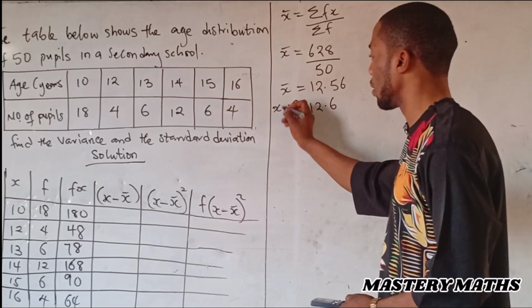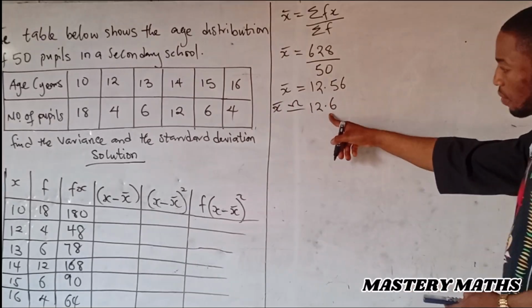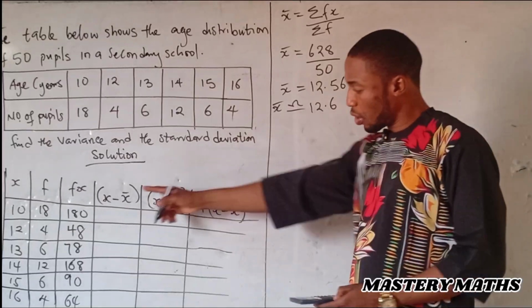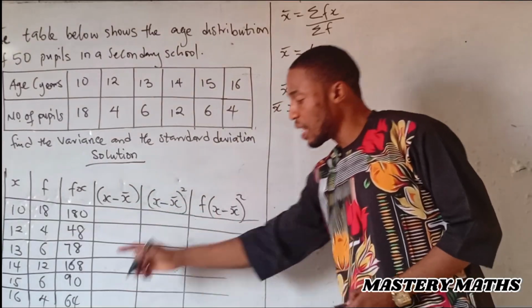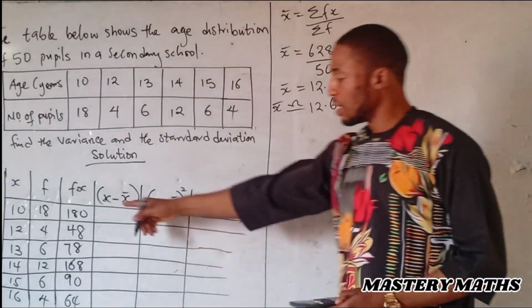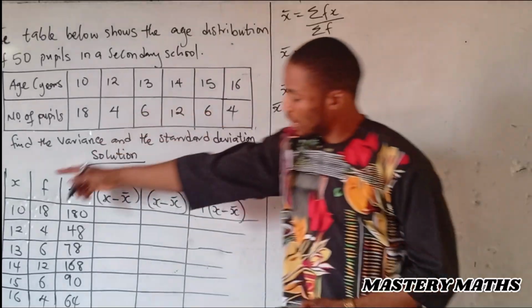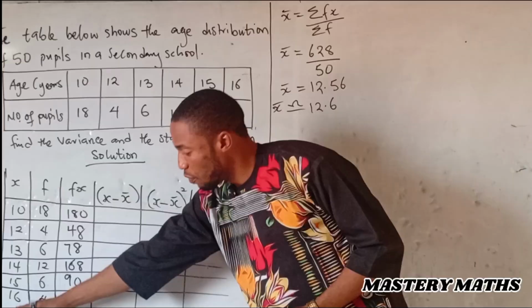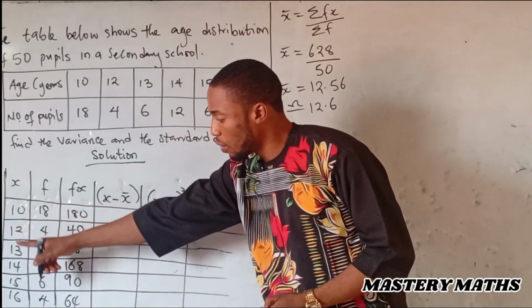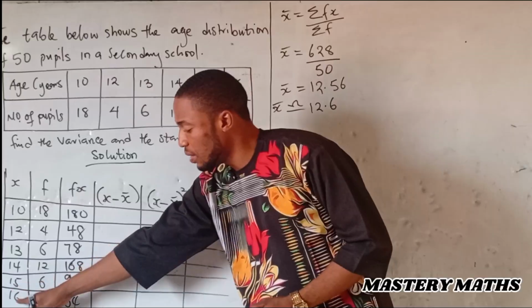That is our mean. Now, having gotten the mean, we can solve for the next table. What is the next table? The next table is the given value minus the mean. Remember, our given values here, we have listed them: 10, 12, 13, 14, 15, and 16.